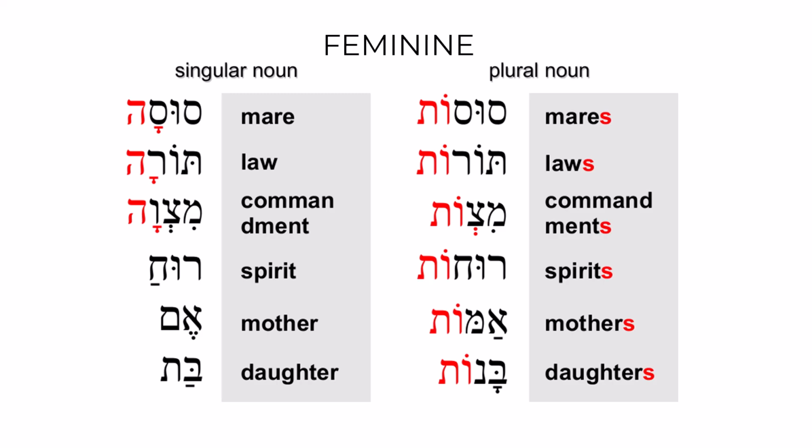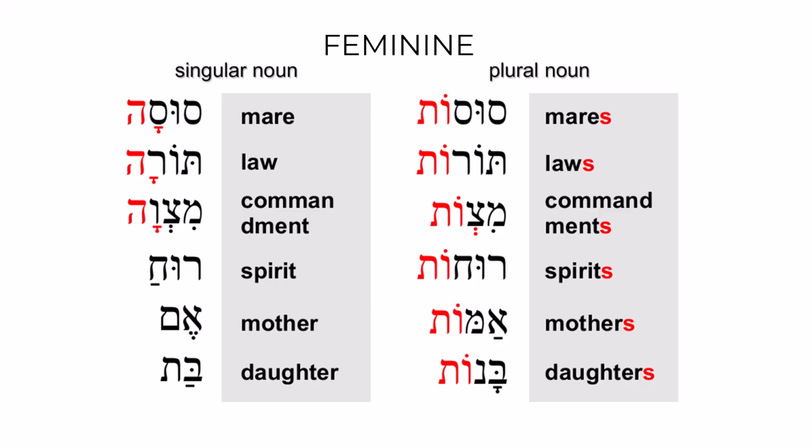So the first example there you have the word susa, which means mare. If you want to refer to many of them, you're going to say susot, and that means mares. Torah means law. If you want to say many laws, you're going to say torot, means laws.